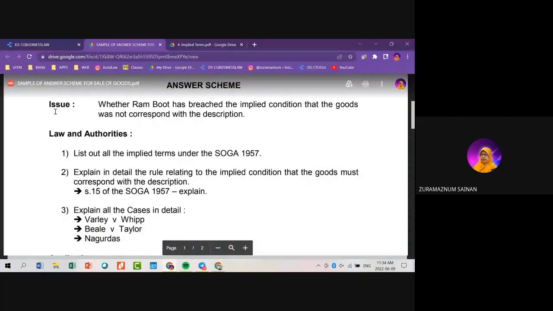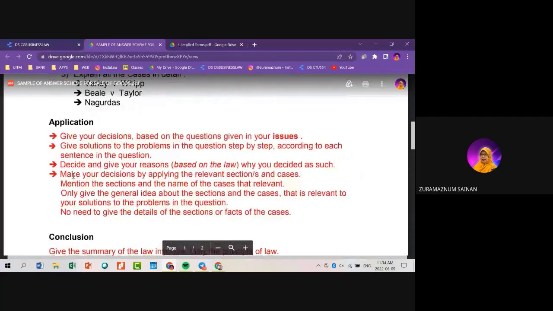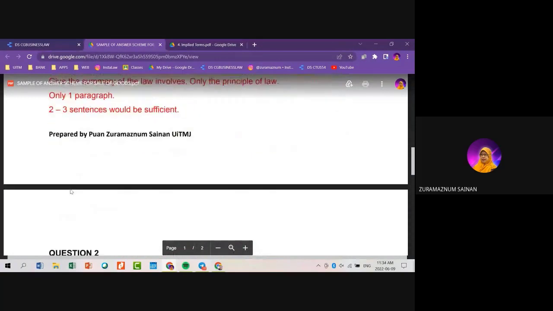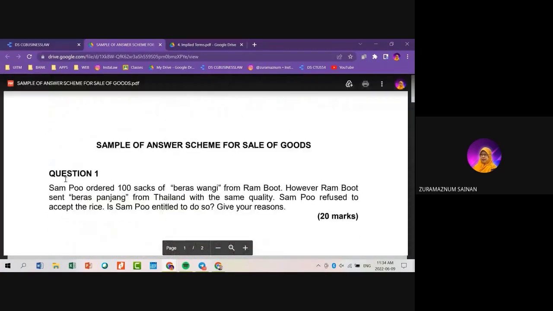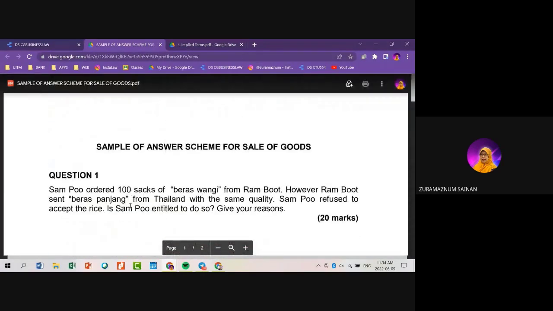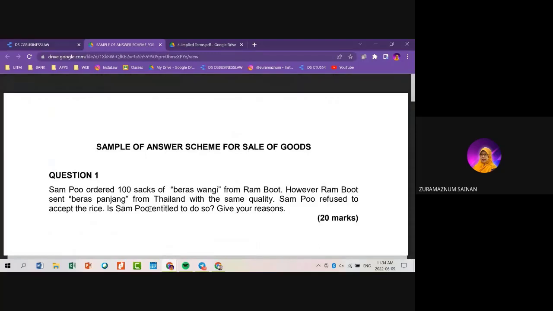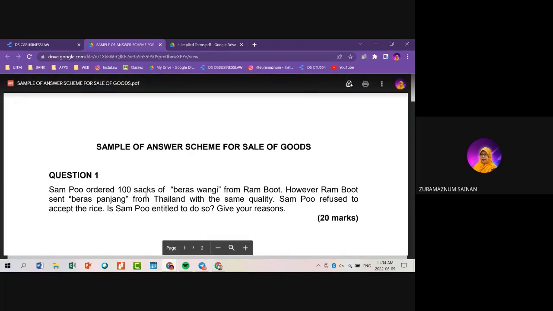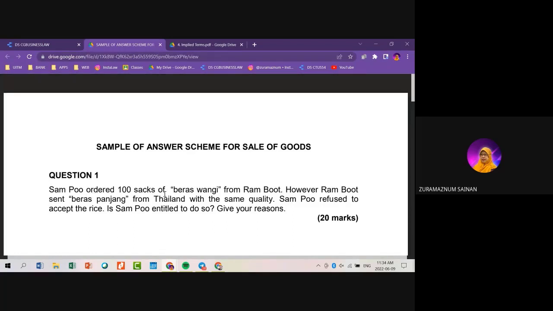So kena ada issue, law and authorities, application, conclusion. Jadi contohlah, tadi katakan you dapat soalan. Ini soalan ni pendek je lah. Either it's a short question or long question, it doesn't matter. Baca soalan tu ayat demi ayat, find the clue in the question to see which law is relevant to solve the problem.